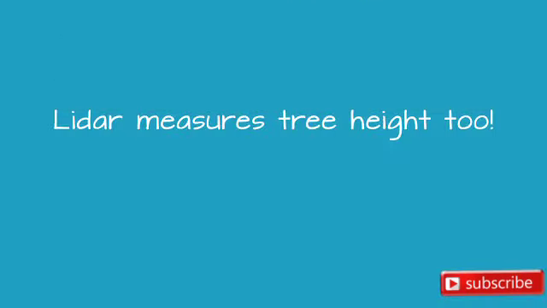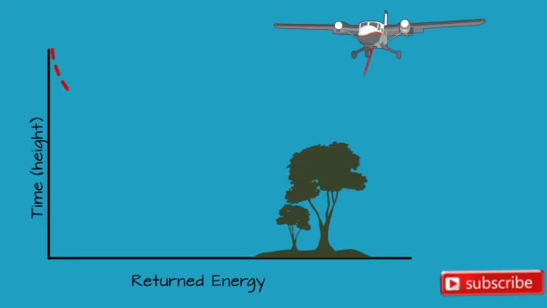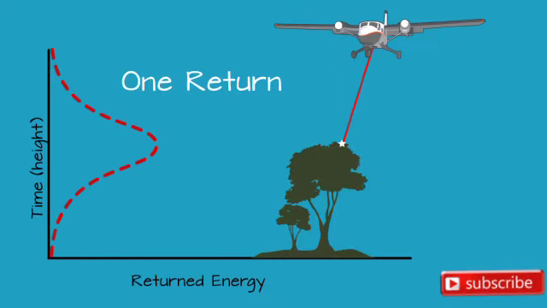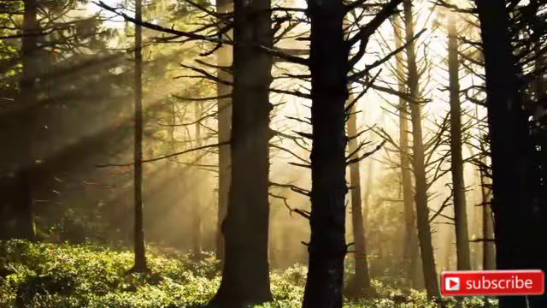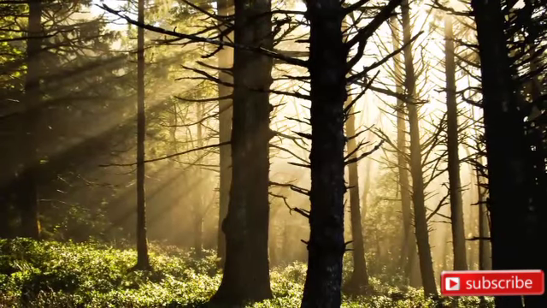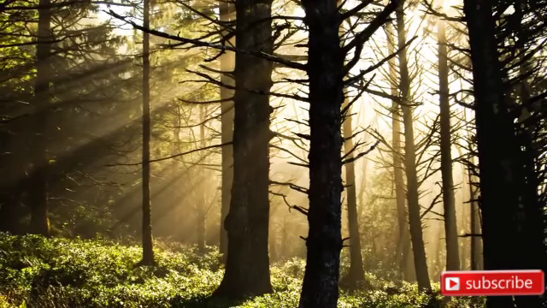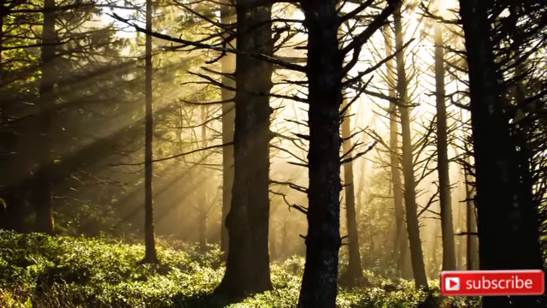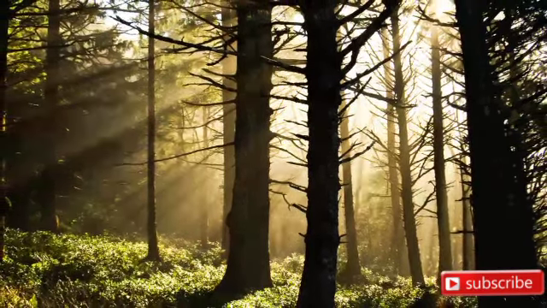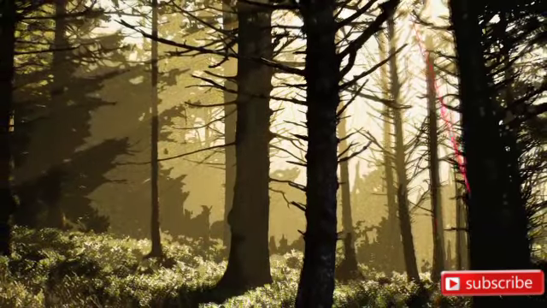Now, there is one more component of a LiDAR system that makes it so useful. A pulse of light doesn't just reflect off of one thing, like the top of a tree, and yield one return. Sometimes a LiDAR pulse travels through things, like the gaps between tree branches and leaves. Think about standing on the forest floor and watching the sunlight filter through the tops of the trees, making the leaves and branches glow.